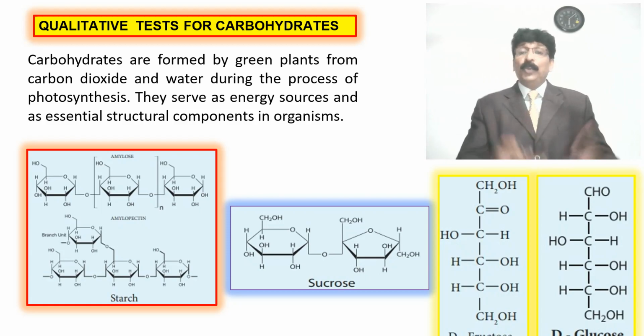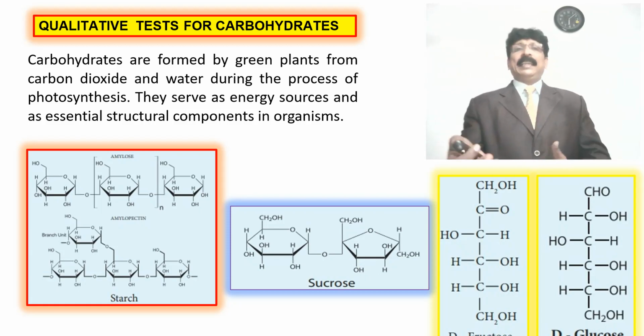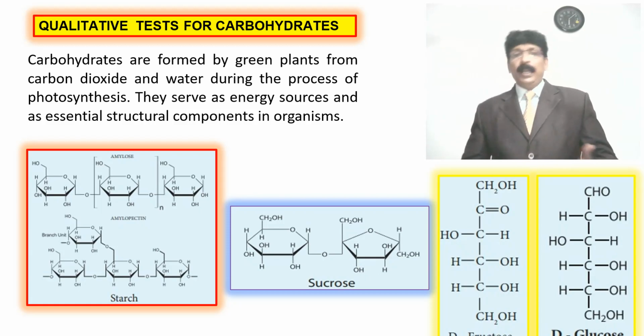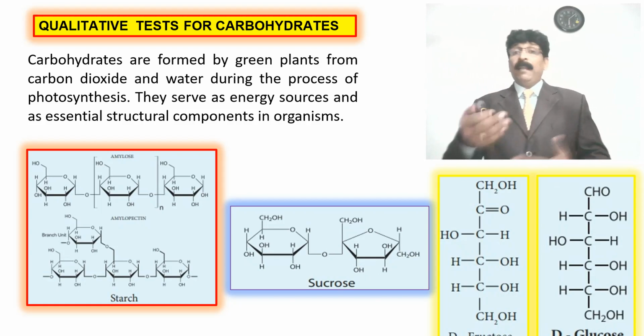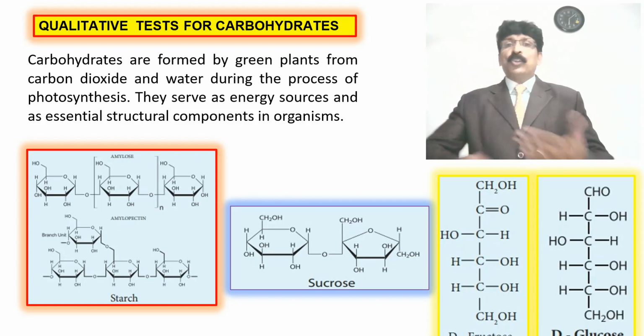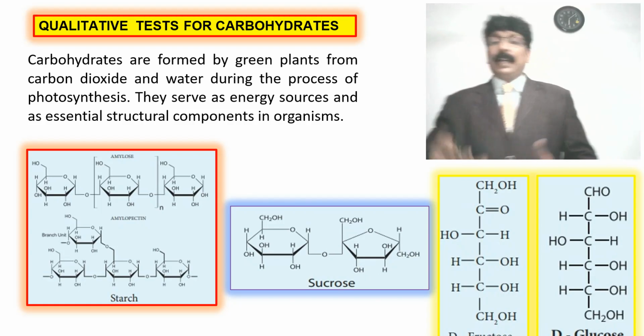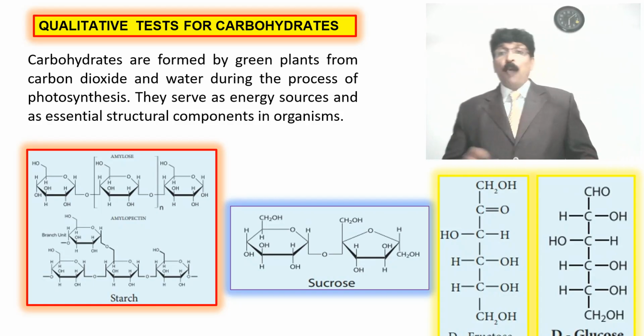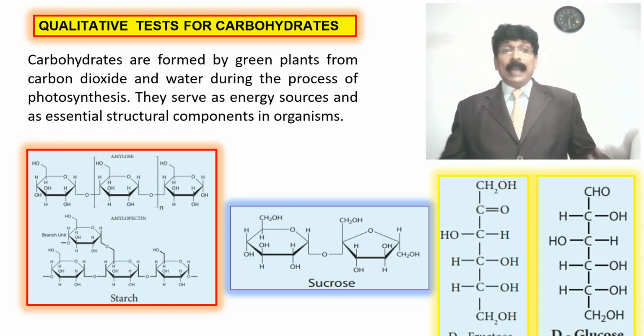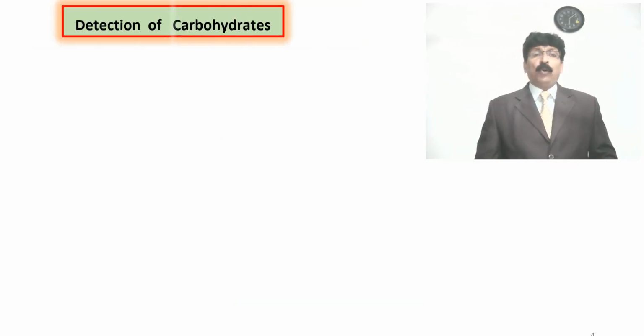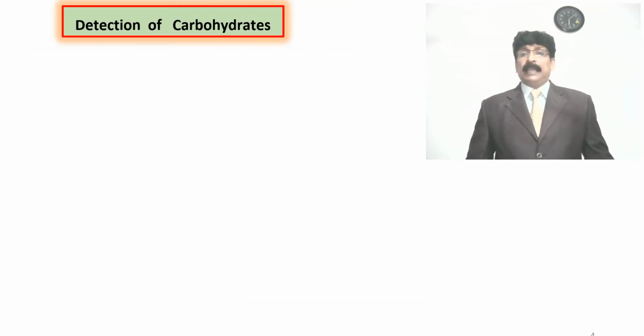You can see the C6 and C2 linkages of glucose molecules in monosaccharides, disaccharides and polysaccharides. So that is just a definition. Now we go to the chemical tests.